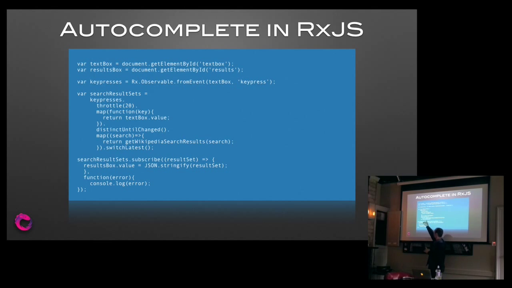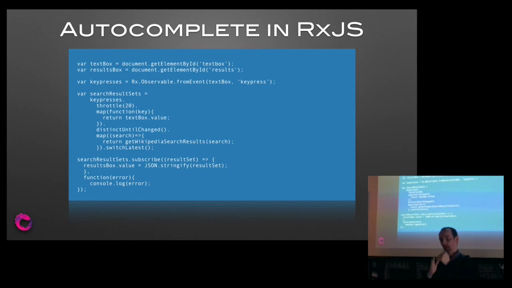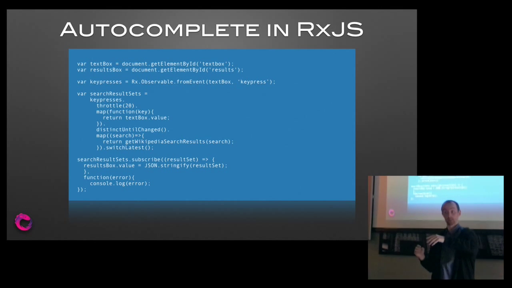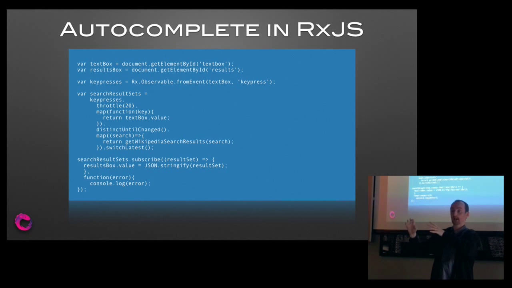So what switch latest does at the very bottom is it stops issues where you're making a call to say hello, and you've got HE that goes off, and you've got a little gap, and then you've got L, and then HEL goes.